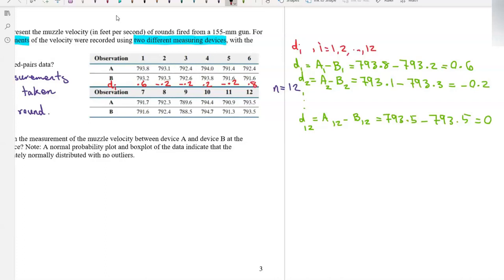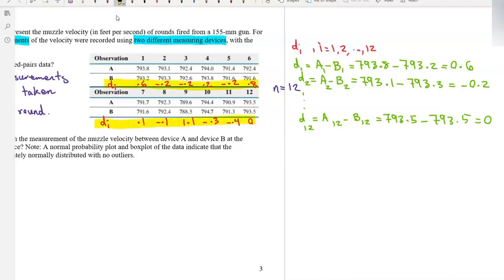Column 7, 791.7 minus 791.6. This is 0.1. This one negative 0.1, 1.1, negative 0.3. This one is negative 0.4, and here is 0.